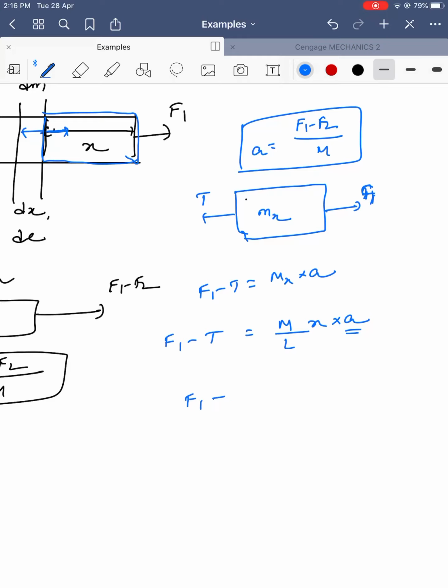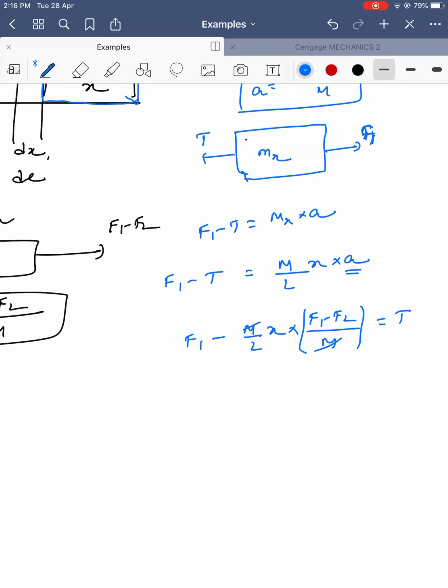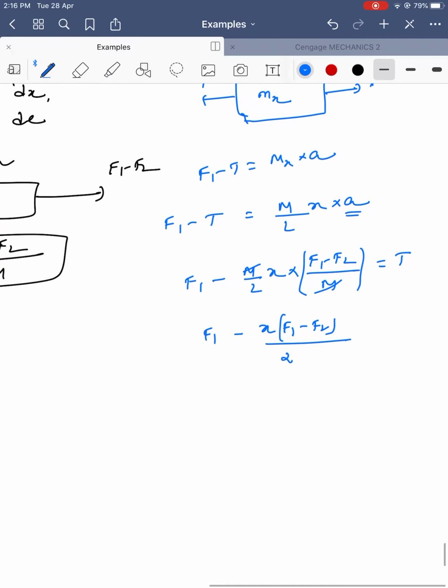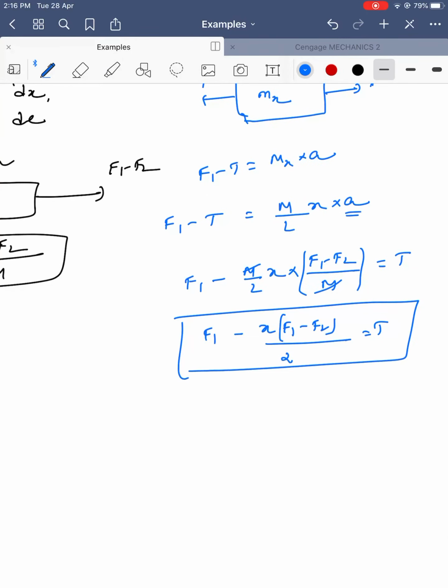So F1 minus m by L into x into A is nothing but F1 minus (F2 by m) is equal to tension. m gets cancelled, and see carefully. So F1 minus x into (F1 minus F2) by L. We can simplify this section, it is equal to tension. We got the tension value.